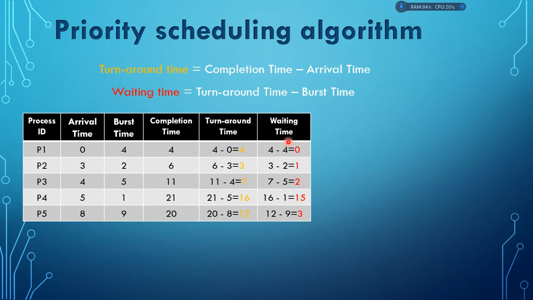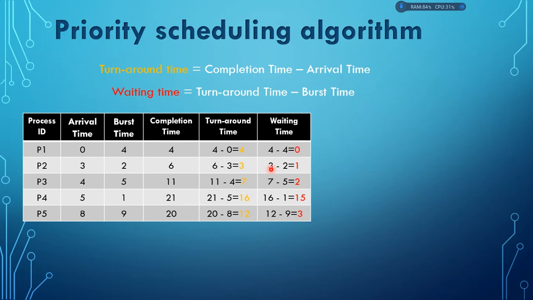To compute the waiting time, we have the formula turnaround time minus burst time. Substituting, the turnaround time of P1 is 4, as we found earlier, minus the burst time of 4 is equal to 0.